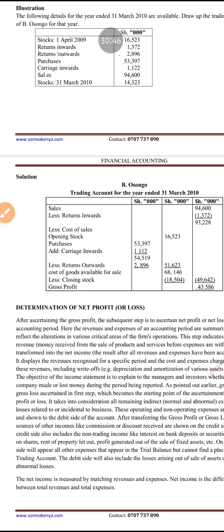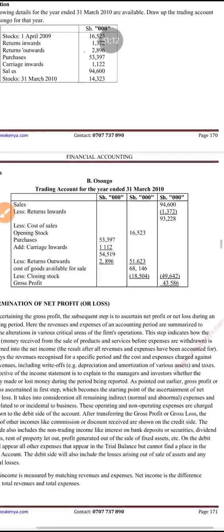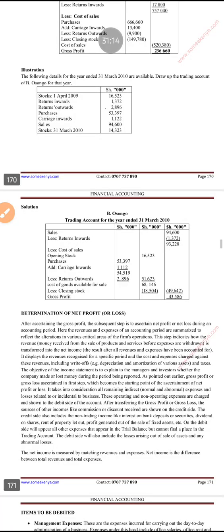We deduct it from the cost of sales. So what you get now is the total cost of sales, which is 49,642. We deduct it from the net sales of 93,228, and what we get is the gross profit.